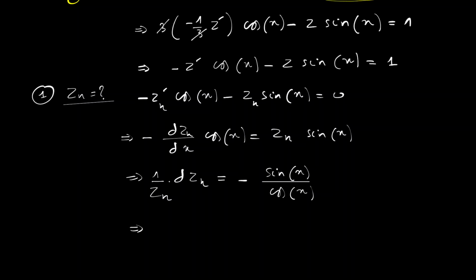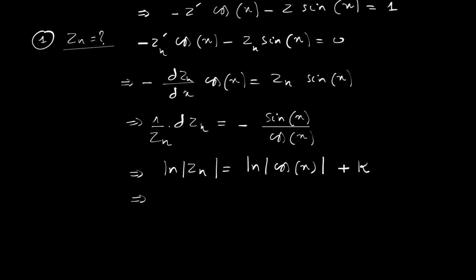We integrate both sides. Then here we use the exponential to remove the logarithm and we can write the homogeneous solution like this.